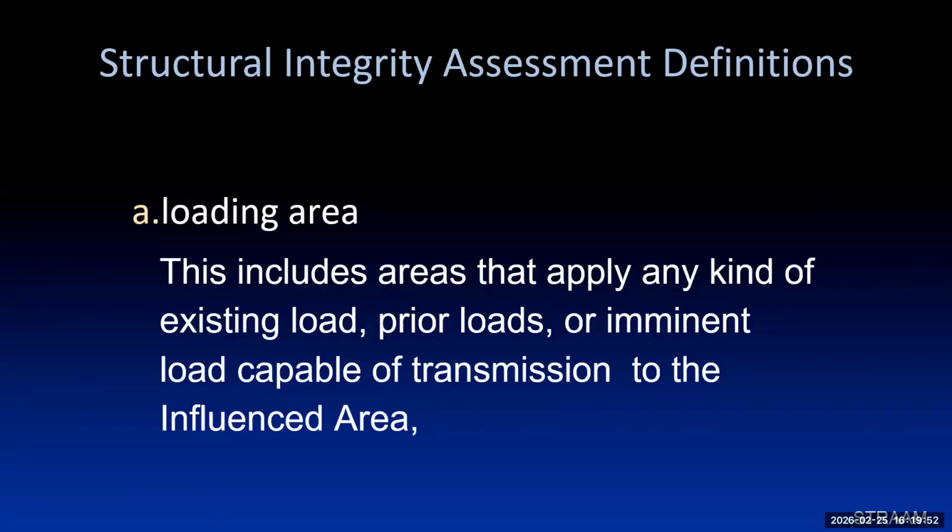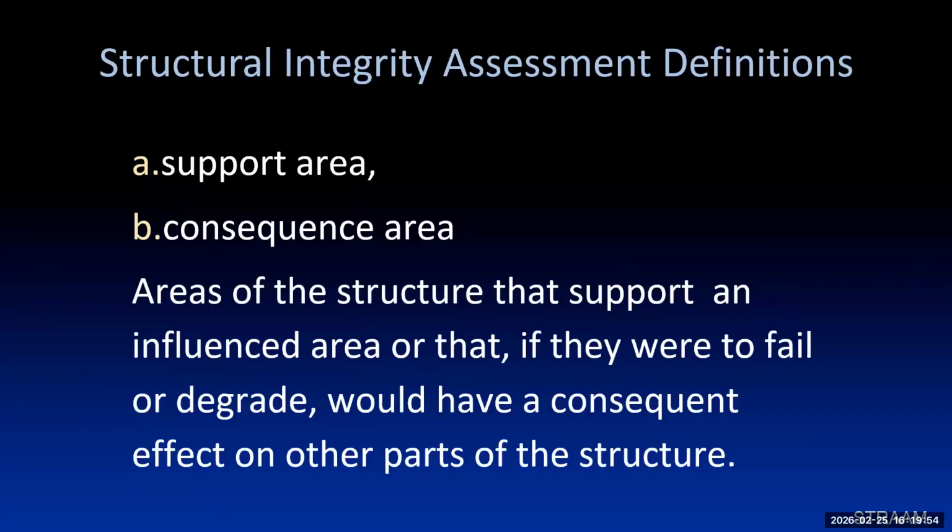Next slide, Tom. So the definitions included support area and the consequence area. These are areas of the structure that support an influenced area, or that if they were to fail or degrade, would have a consequent effect on other parts of the structure.